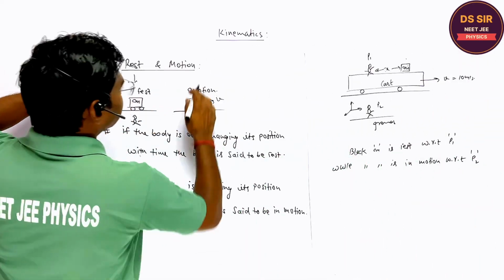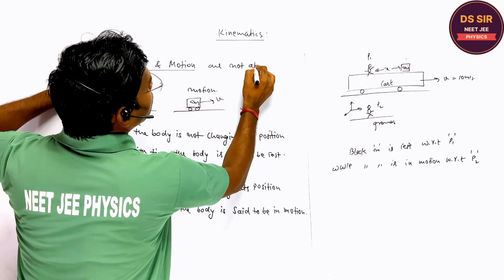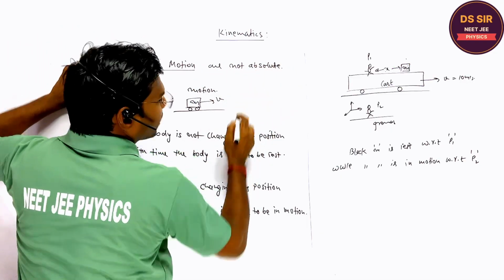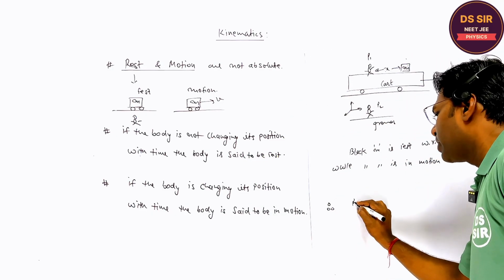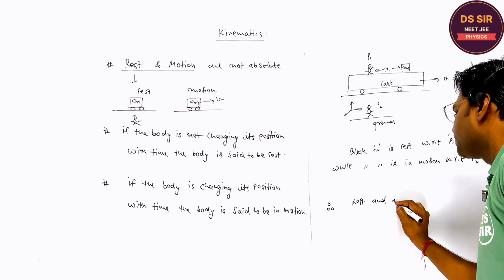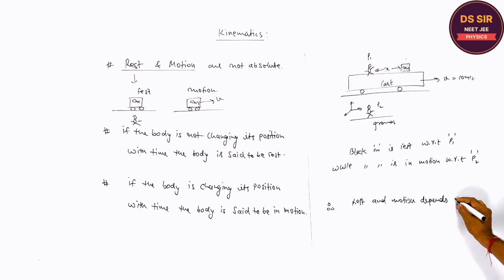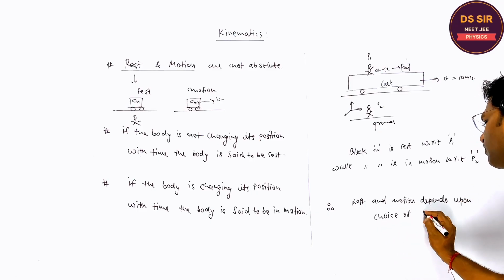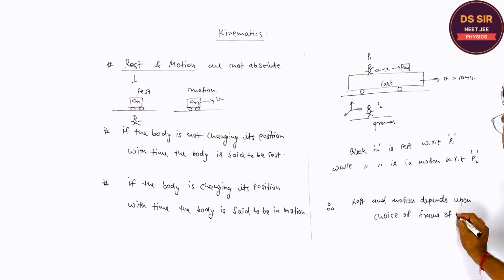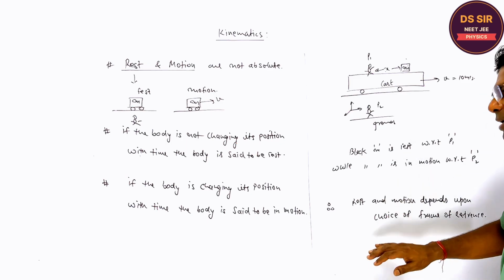The important point is that rest and motion are not absolute; rather, rest and motion depend upon the choice of frame of reference. Understood? It depends upon which frame of reference you are observing the motion of the body from.